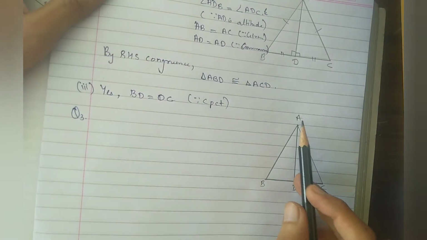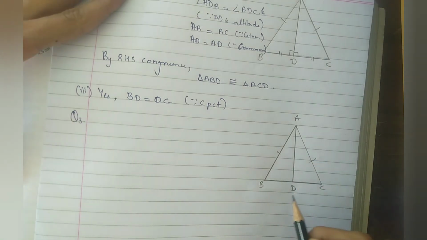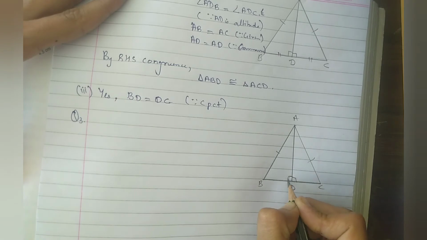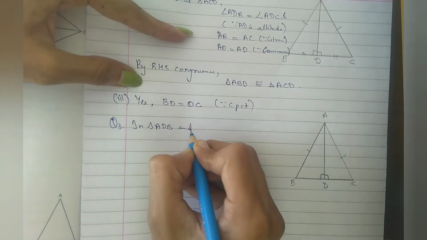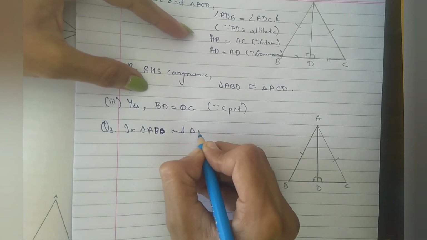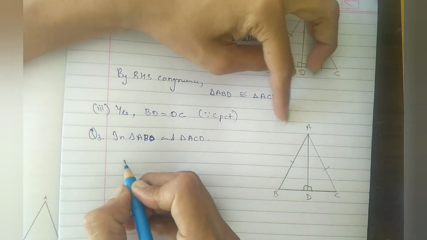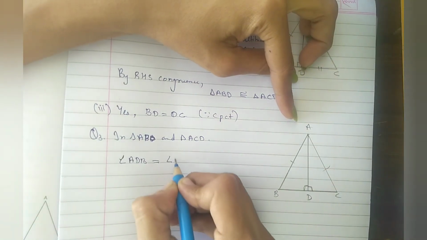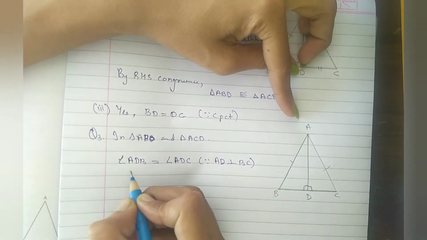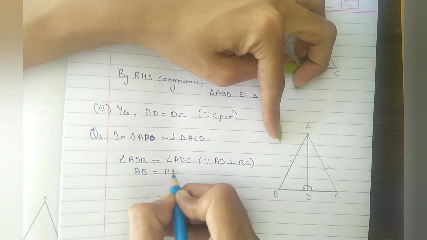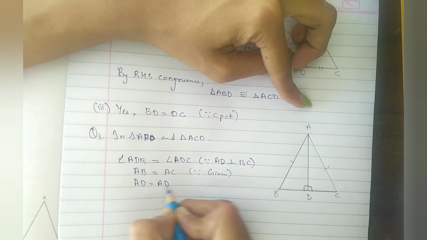The rest afterwards. So let us first draw the diagram of triangle ABC. Now this is the diagram, right? Isosceles triangle means two sides are equal, AB equal to AC, and AD is perpendicular to BC, meaning forming 90 degrees. So for congruence, in these two triangles ADB and ADC, first we can write angle ADB equal to angle ADC because AD is perpendicular to BC, 90 degrees. Then the hypotenuse is equal, so AB equal to AC, given, and AD is common, AD equal to AD.